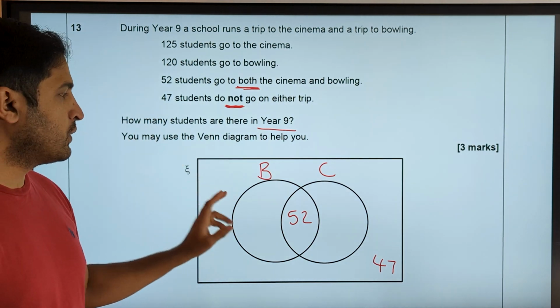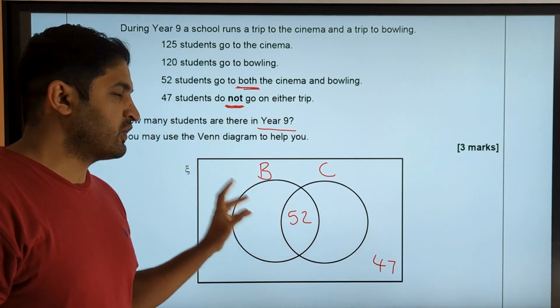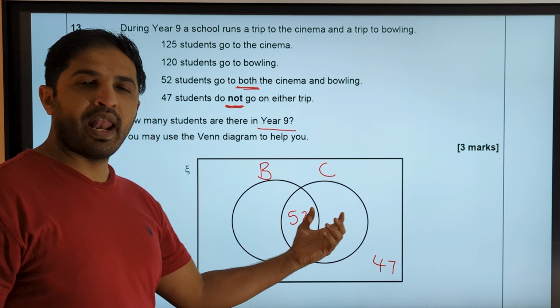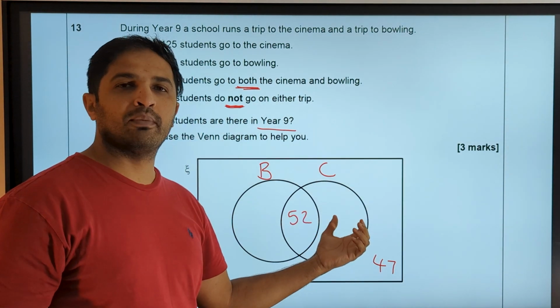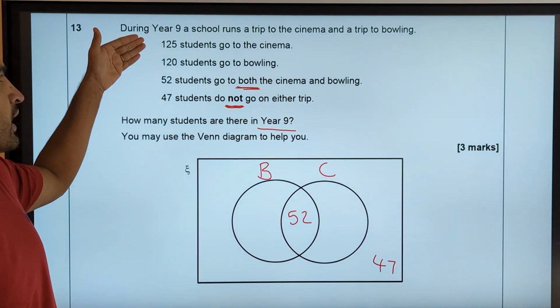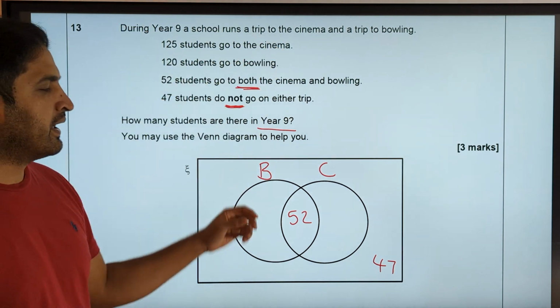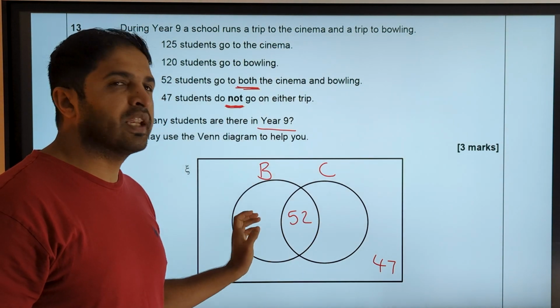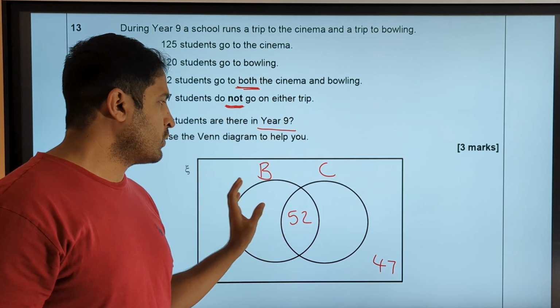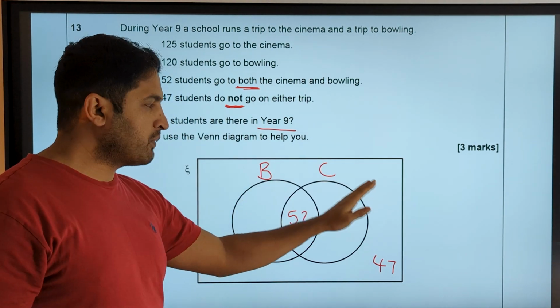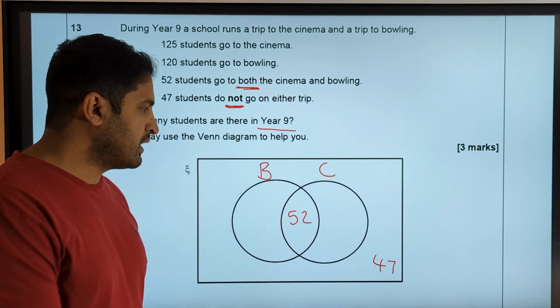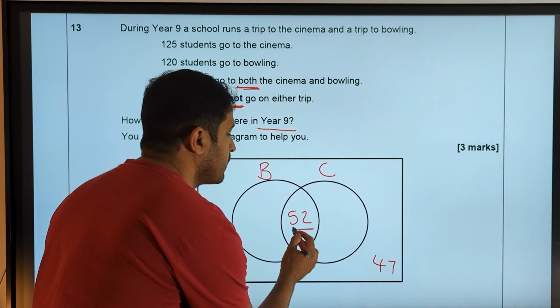Now what we need to do is work out how many students just went to the bowling trip and how many students just went to the cinema trip. We've been given the figures here: 125 go to cinema. But that doesn't mean they did not go on the bowling trip as well. We already have 52 students who went to cinema and also went on the bowling trip.